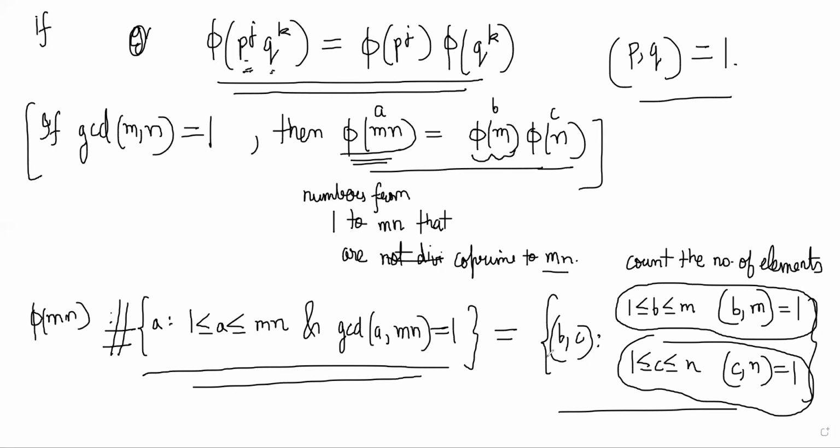So if M and N are prime, it's very easy to prove. If M and N are prime, then phi of M will be M minus 1 and this will be N minus 1, right? And M minus 1 into N minus 1, you get there.